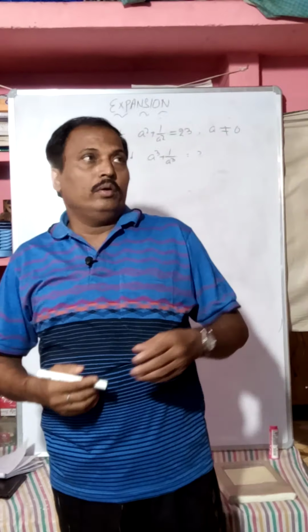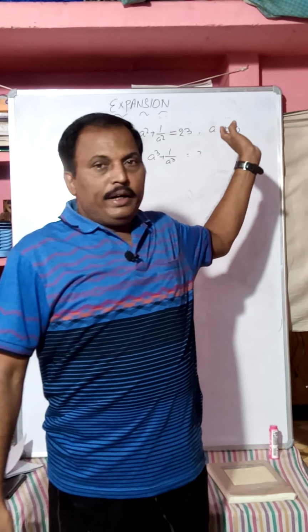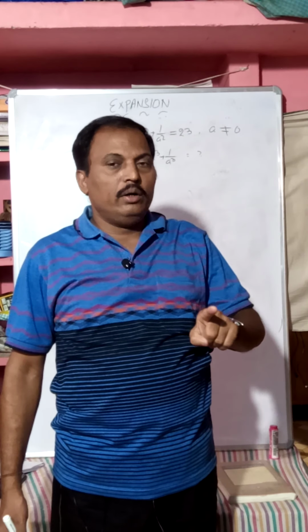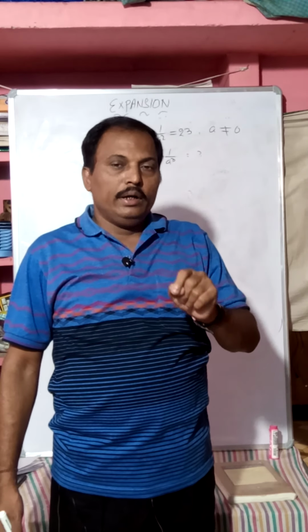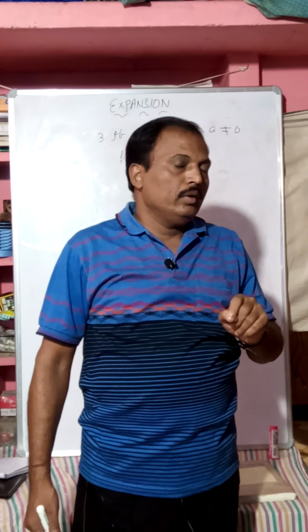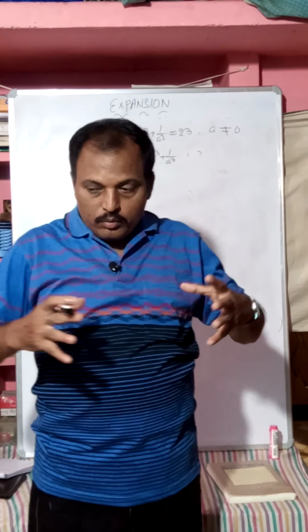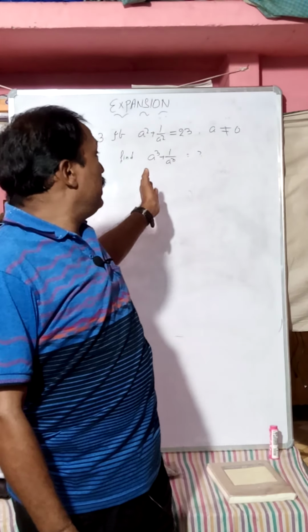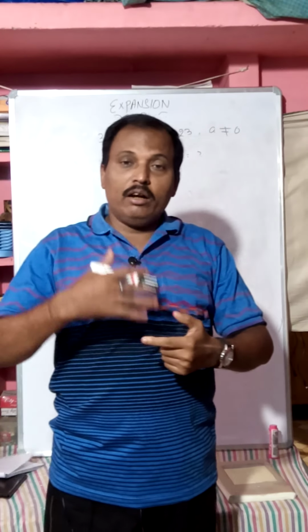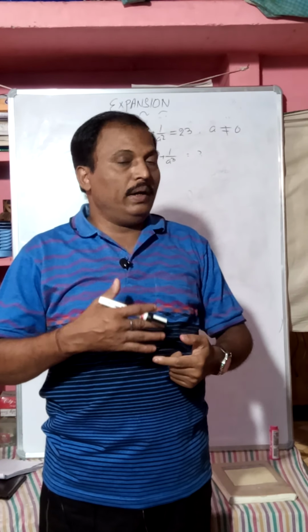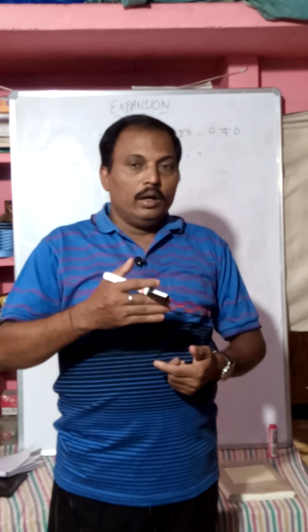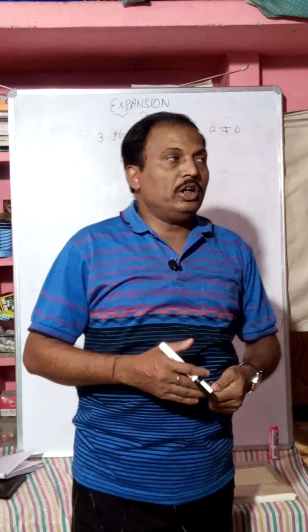So now, here we recall a plus b whole square, a minus b whole square, a square plus b square, a square minus b square. This composite formula is applied here. In our earlier classes we discussed a plus b whole square, a minus b whole square, a square plus b square, 4ab and a square minus b square.